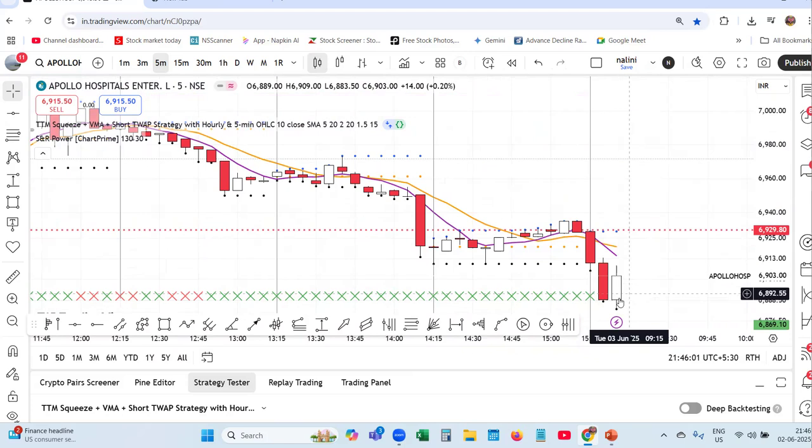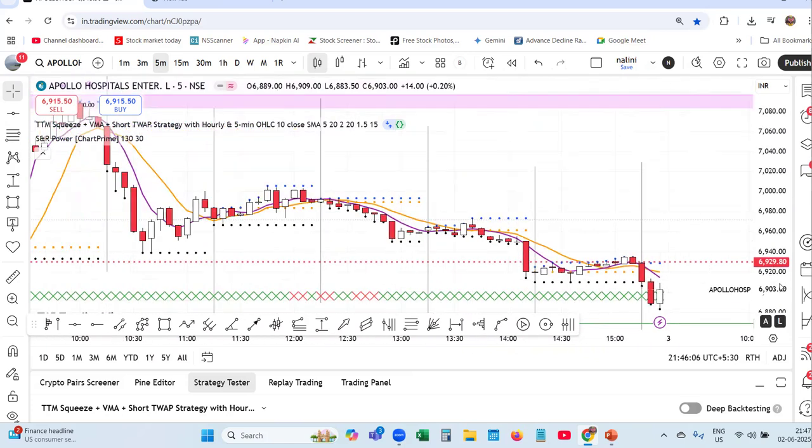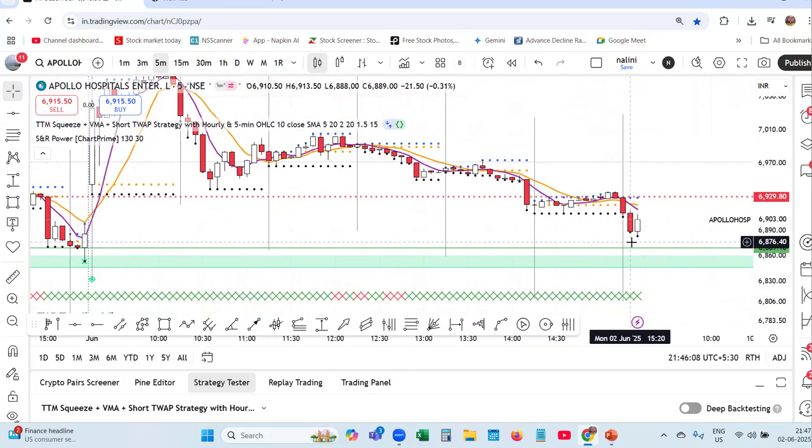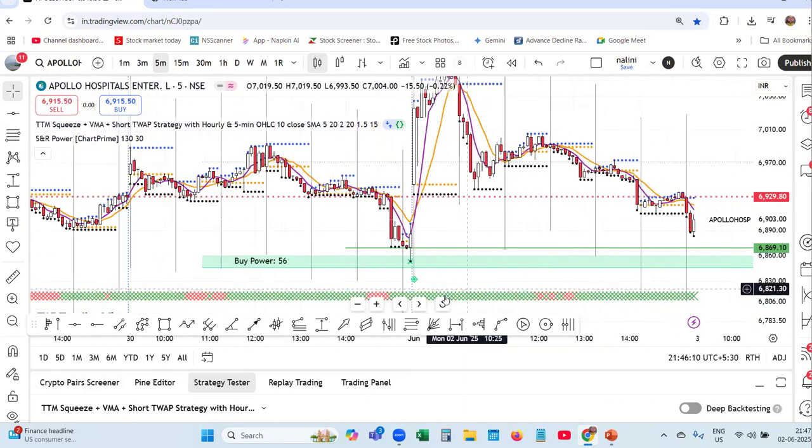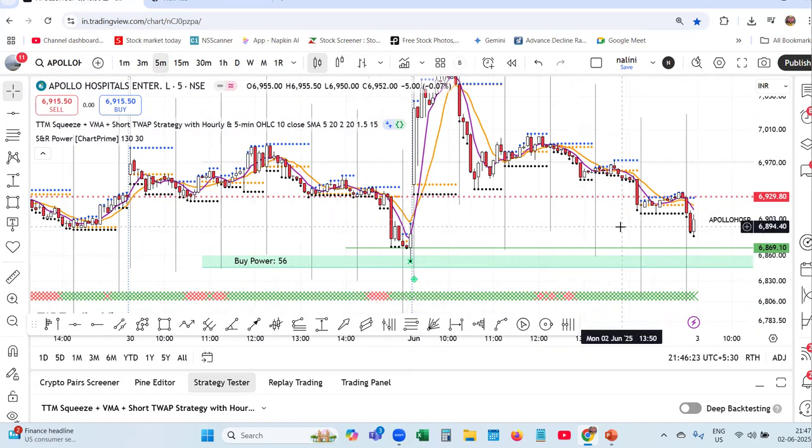Let us see, where did it come? It came down to 6883. Can you see over here? It almost came down to the power channel this indicator plotted. It has plotted the buy power over here, and it is still running.